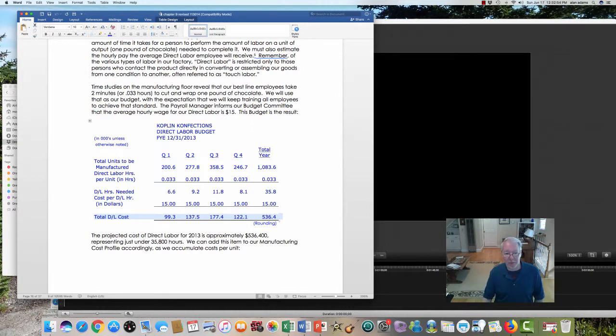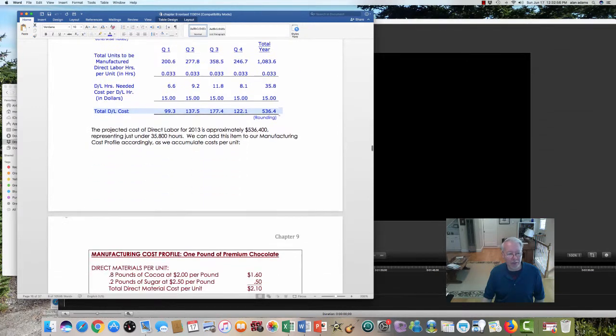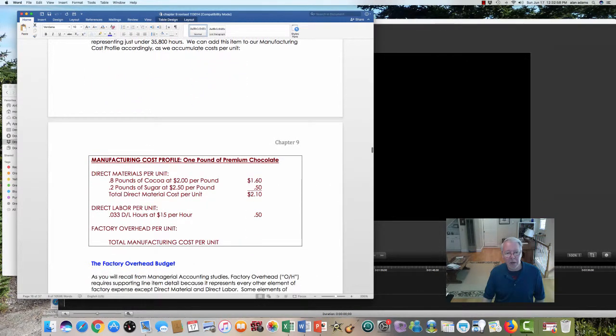But this is a nice, simple example. Now we have the second element in our manufacturing cost card. Given the number of pounds we expect to make and the total direct labor cost of 0.033 direct labor hours at 15 bucks an hour, we can plan on 1 pound of chocolate containing 50 cents worth of labor content.